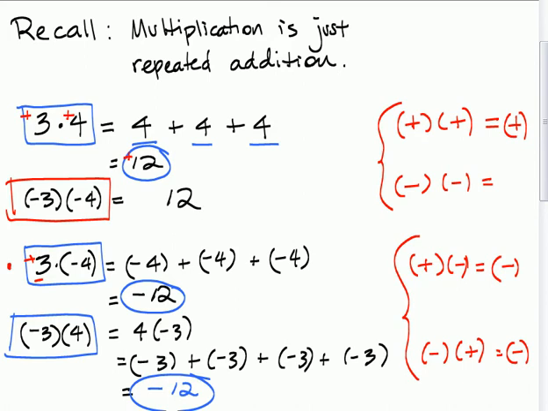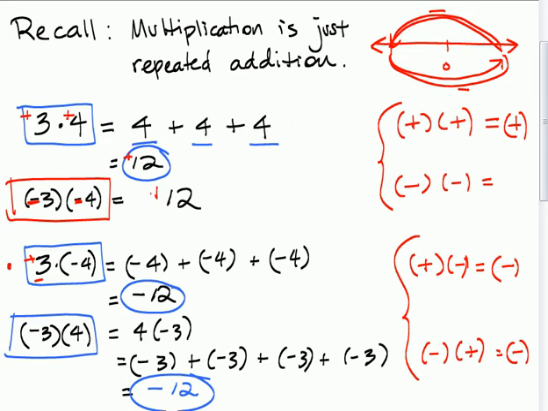This one, the first negative, flips everything to the left-hand side. So that's one negative, flips things to the left-hand side of 0, and then the second negative involved is going to flip it back. So 2 negatives give you a positive.